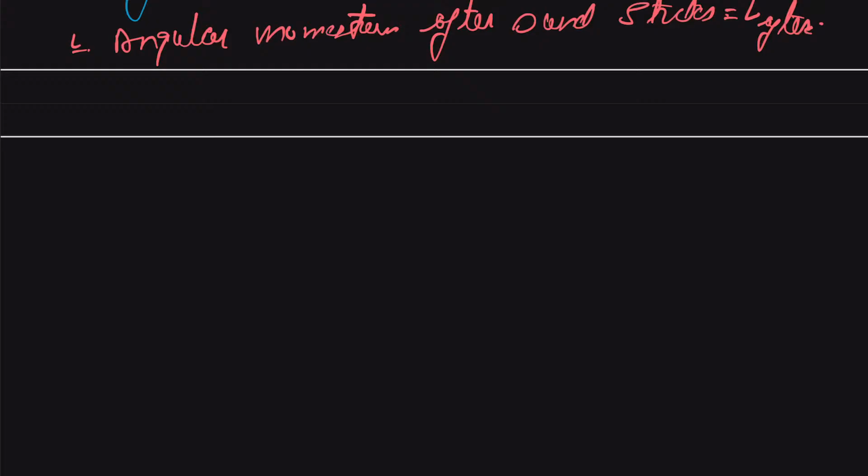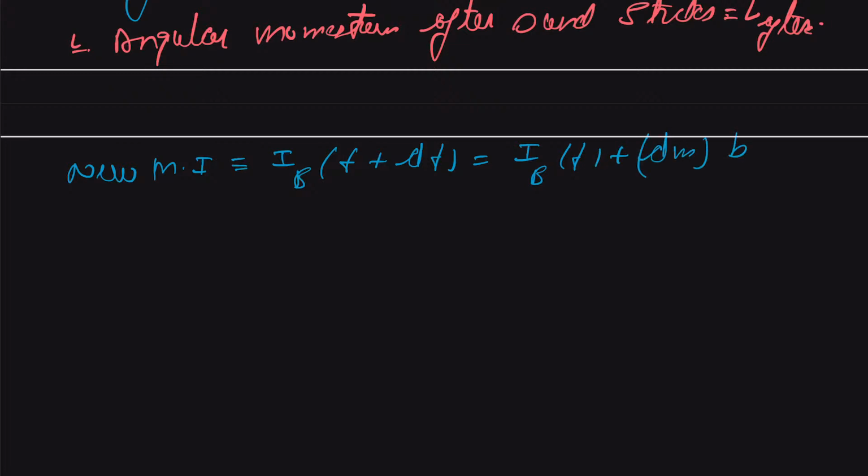So we can say the new moment of inertia, which is our IB at t plus dt, will be equal to IB(t) plus dm times b square.